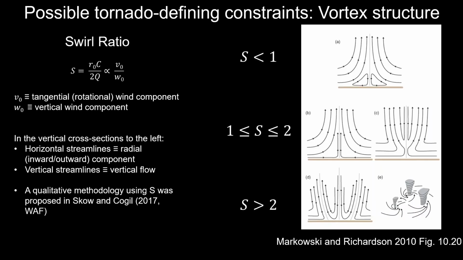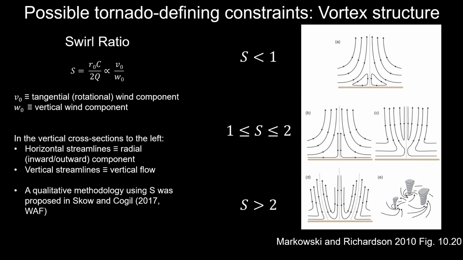So the other potential defining characteristic we could use to constrain the definition of the tornado would be vortex structure. This is sort of the stuff that comes out of Kevin Skow's work, basically taking the swirl ratio of a vortex, which is estimated as the tangential over the vertical motion of the vortex, and determining whether or not the vortex meets this swirl ratio criteria of what is a tight, concentrated vortex near the surface.